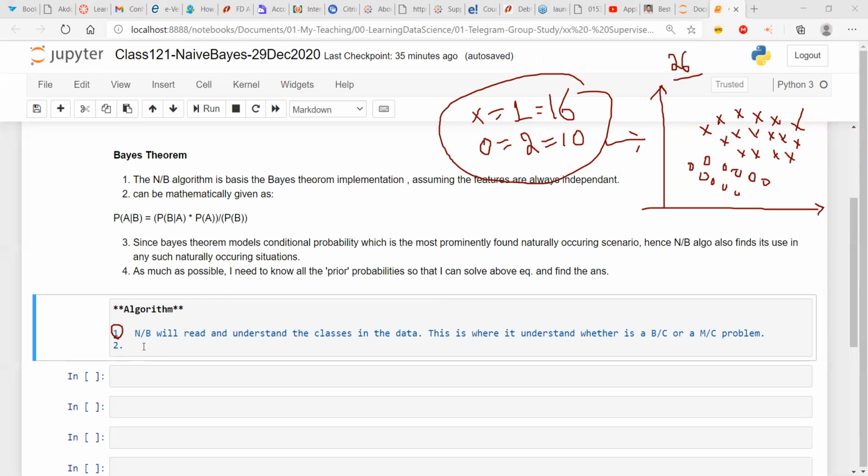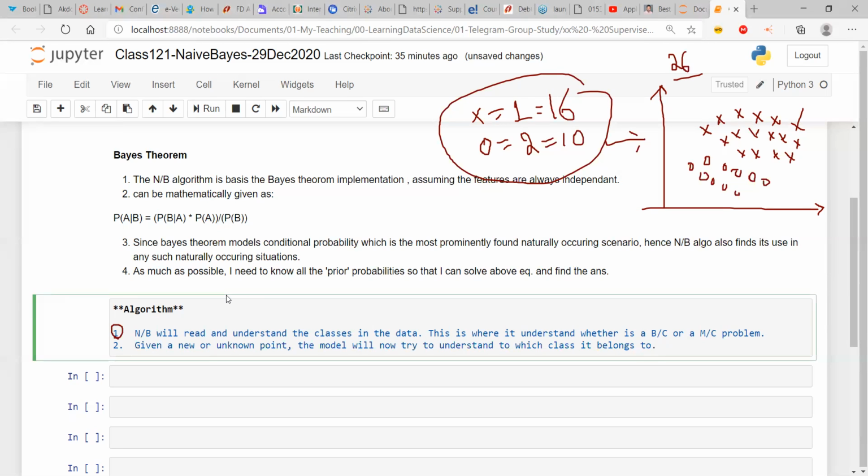Once it has understood that, the second step is as simple as it is: it is going to expect a query point. Given a new or unknown point, the model will now try to understand which class it belongs to.